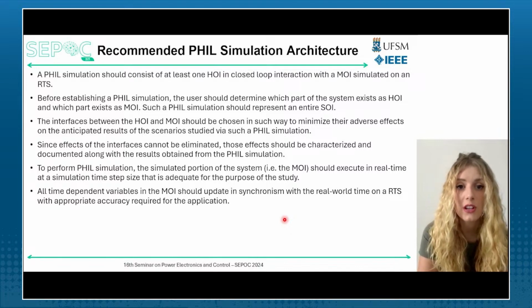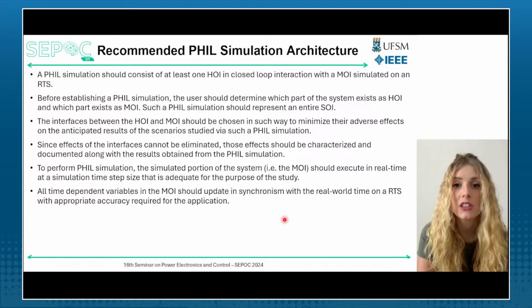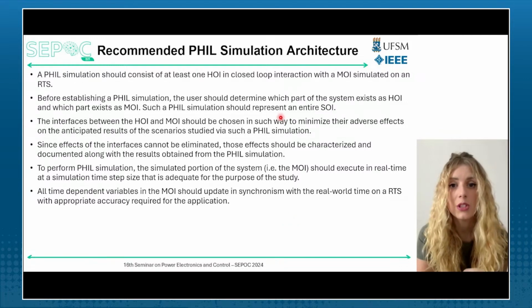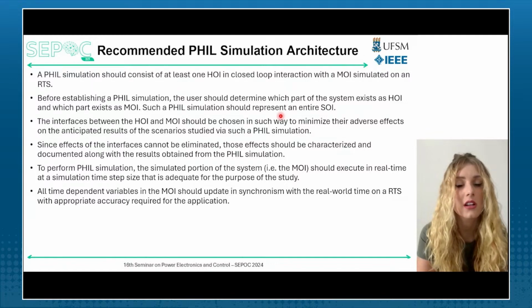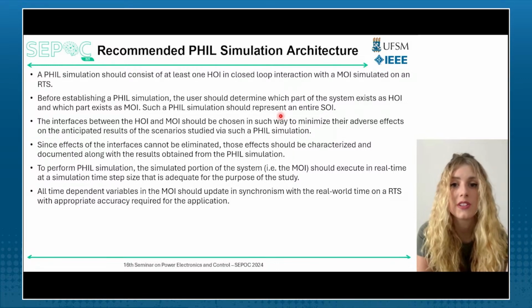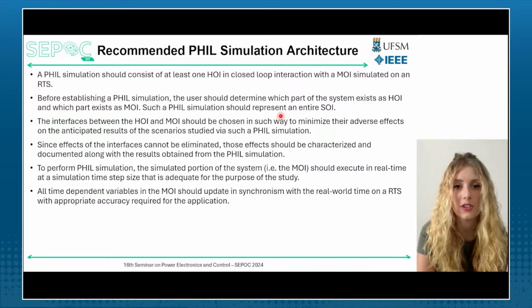Before establishing a power hardware in the loop simulation, users should determine which part of the system exists as a hardware of interest and which parts exist as a model. Such a power hardware in the loop simulation should represent an entire system of interest.